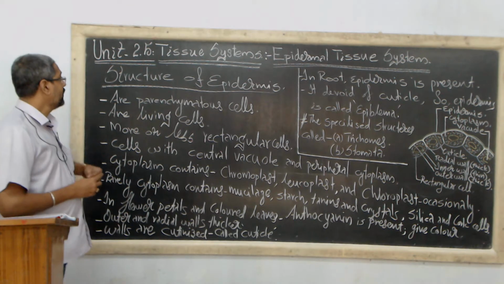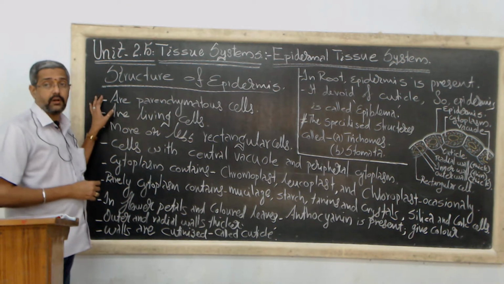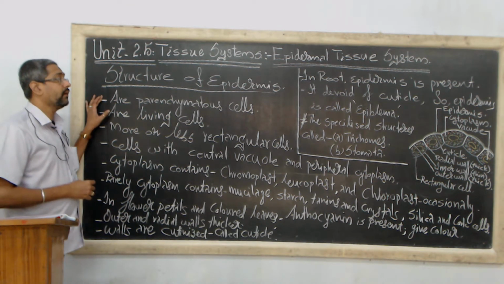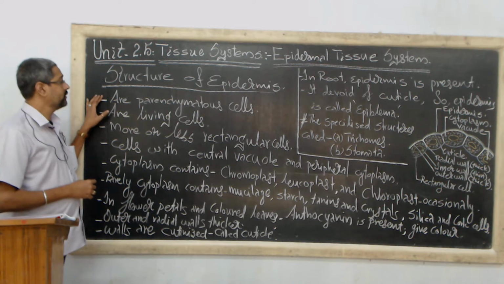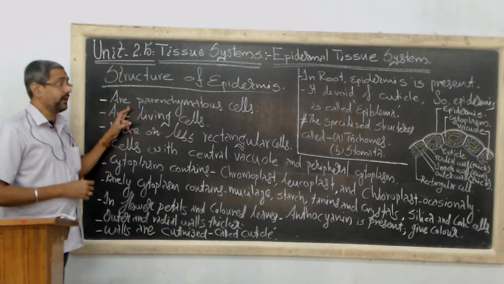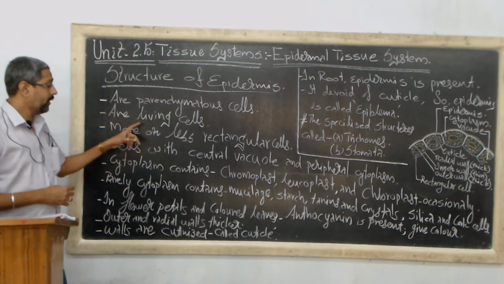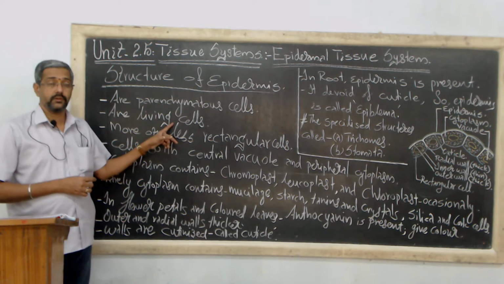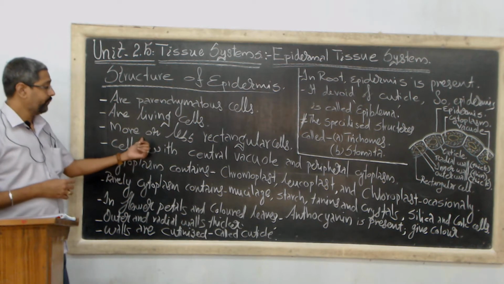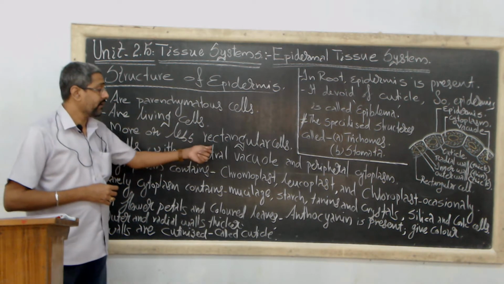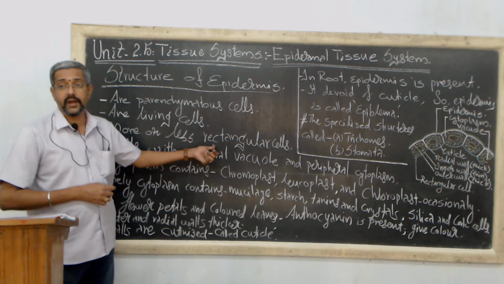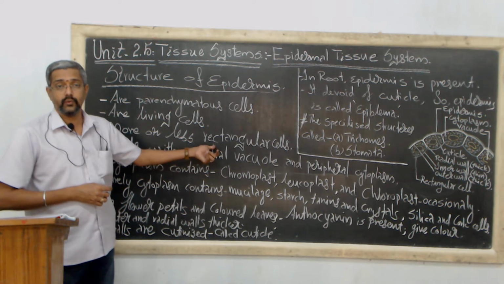Here, at the detailed structural anatomical level, these epidermal cells are parenchymatous cells and are living cells, more or less rectangular in shape.